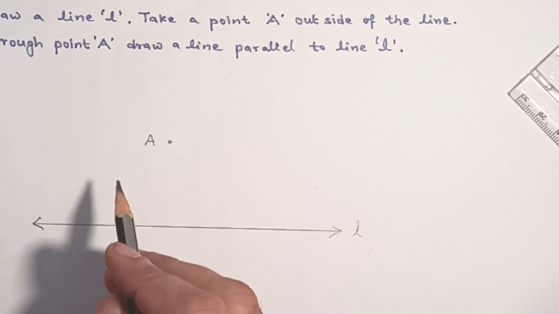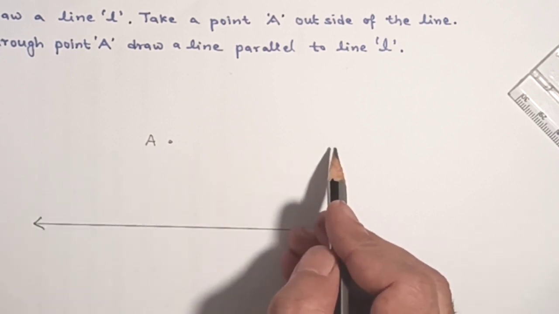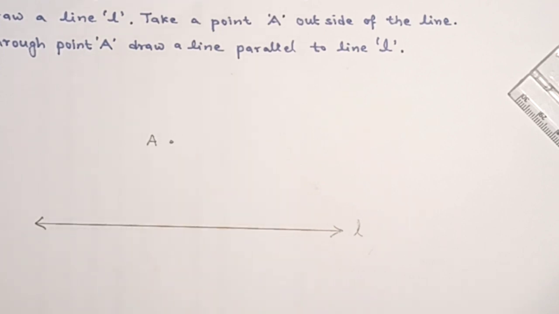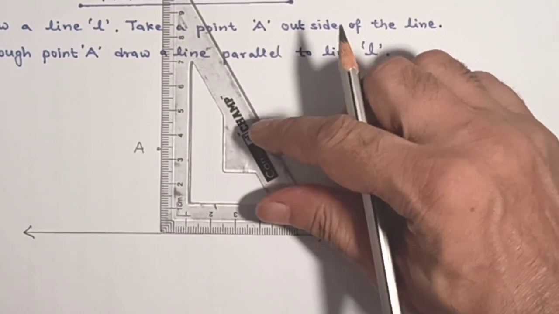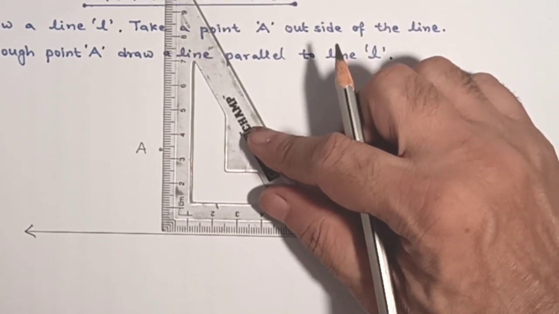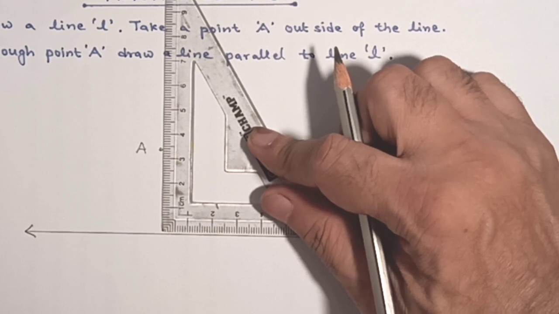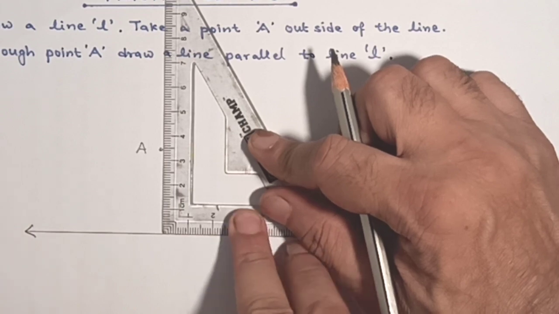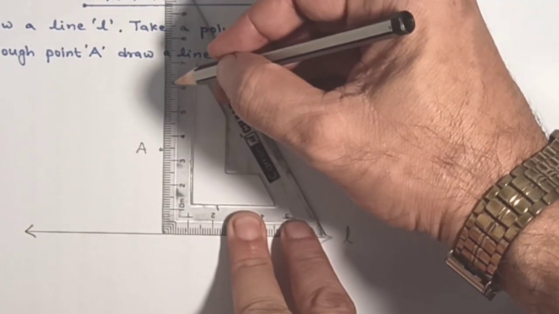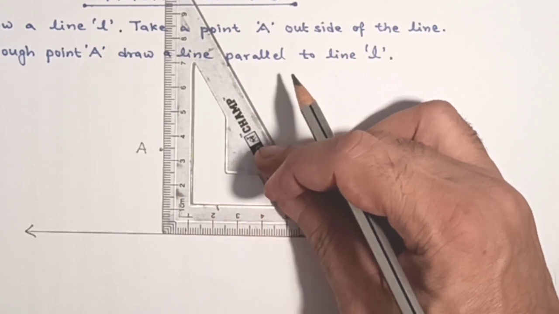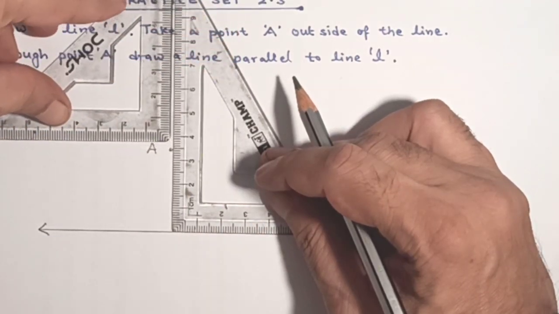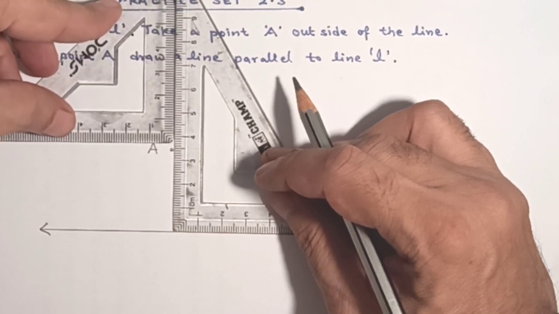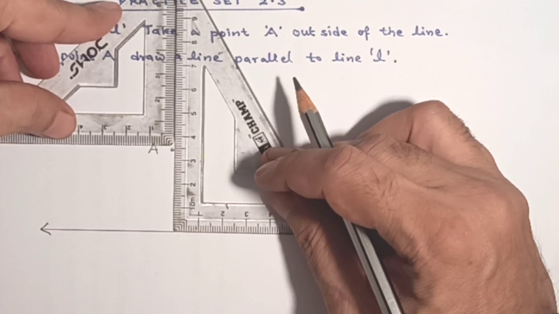Now you have to draw a line parallel to line L passing through point A. For that you are going to use two set squares. Place this set square number 1 in this way, so that you can draw a perpendicular passing through point A on line L. Now place set square number 2 touching set square 1.